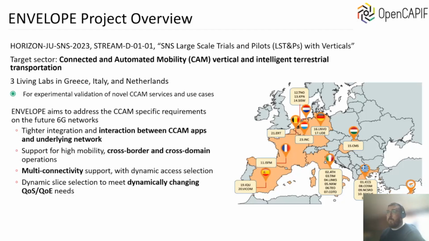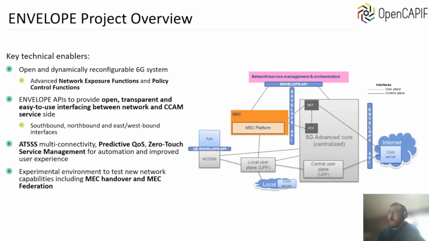The aim of Envelope is to simplify the interaction between the CAM application and the network, by developing simplified APIs. These enable technologies like cross-border and cross-domain operations, multi-connectivity, and dynamic slicing to ensure quality of service and quality of experience. Looking at the architecture, we have many technical enablers like multi-connectivity, predictive quality of service, zero-touch service management, and technologies for MEC handover and MEC federations.